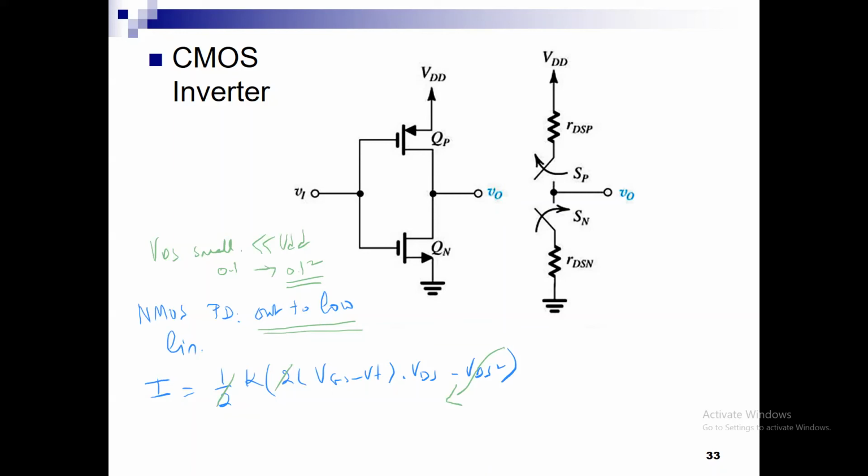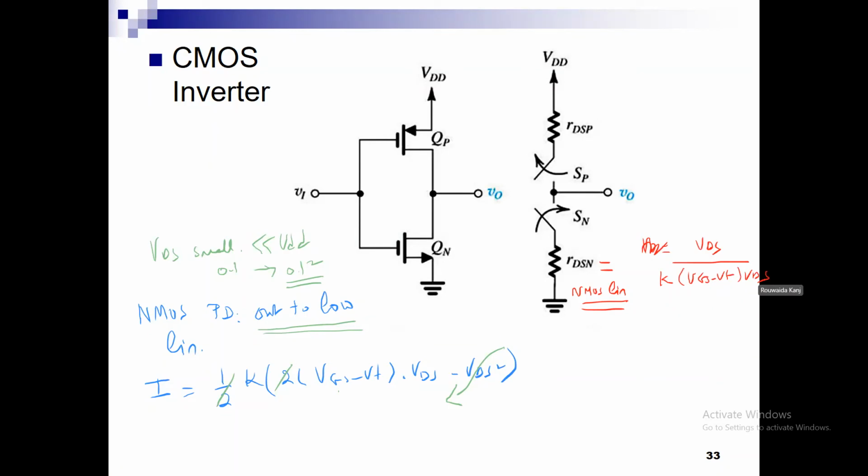Okay, now if somebody asks me to approximate the resistance when the NMOS is in the linear region, when it is pulling down the output to low, I am going to tell them that I can approximate it as Vout, which is VDS, over the current. So it is the voltage over the current, and the current is K times (VGS minus VT) times VDS.